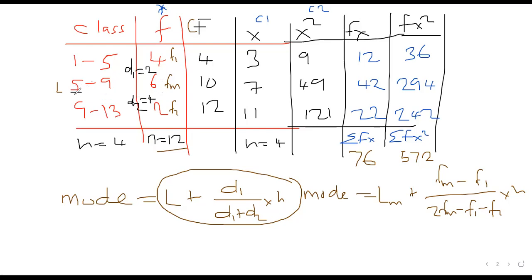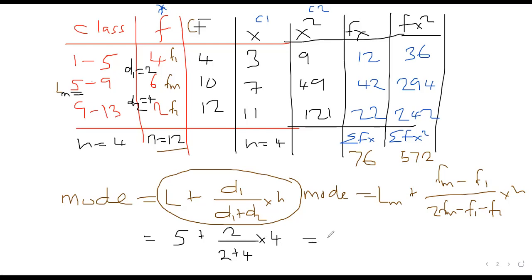Then our Lm is the lower boundary. The lower boundary is 5. This is the upper boundary. So what is our lower boundary? 5. What is our distance above? 2. Bring back the 2 here, 2 plus the distance below, it is 4. And what was our height? From here to here to here to here, our height was 4.